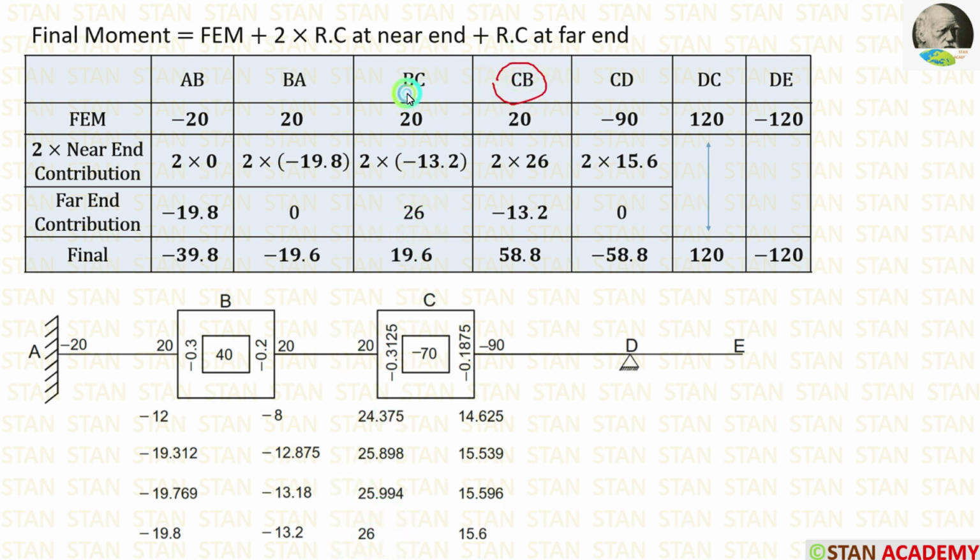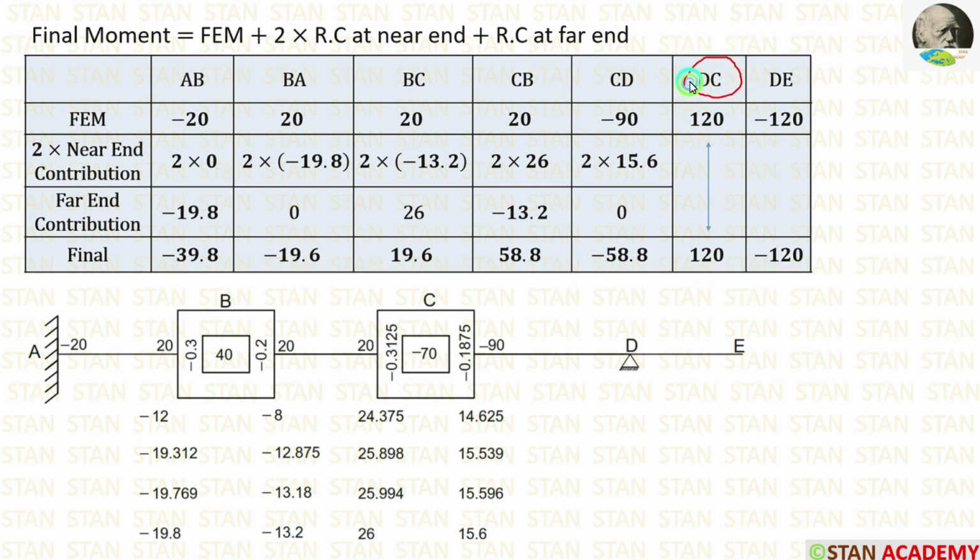For CB, the far end is BC. In BC, the contribution is minus 13.2. For CD, the far end is DC. In the point D, there is no contribution because we have already released it, so 0. Now we can add these three values and get the final moments.